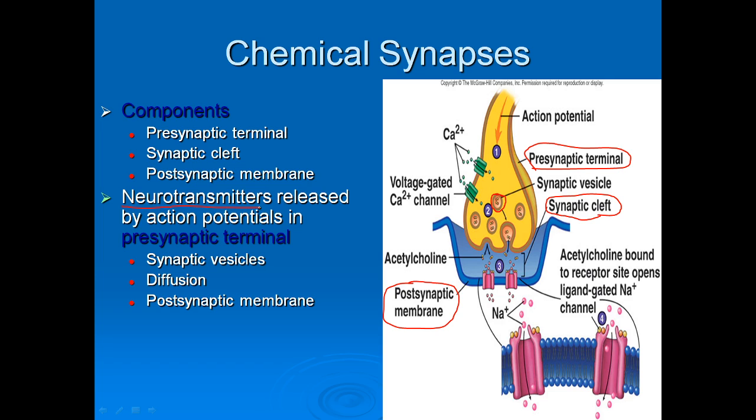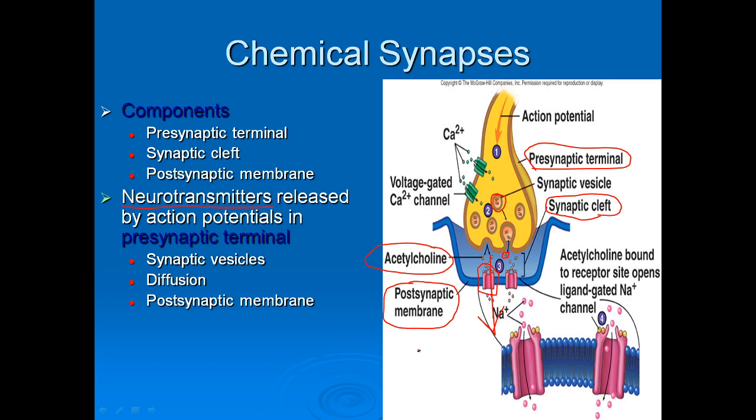In chapter 10, when we were talking about muscles, that neurotransmitter was acetylcholine. Acetylcholine will be released by our synaptic end bulb. It's going to travel across the synaptic cleft to our sodium channels. It's going to open up those sodium channels so sodium can rush in, and boom, we move the action potential from one cell to another.